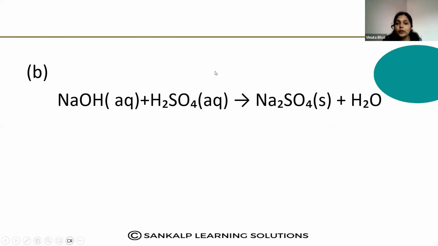Next question. Sodium hydroxide reacts with H2SO4, sulfuric acid, which forms sodium sulfate and water. Try to balance this reaction.